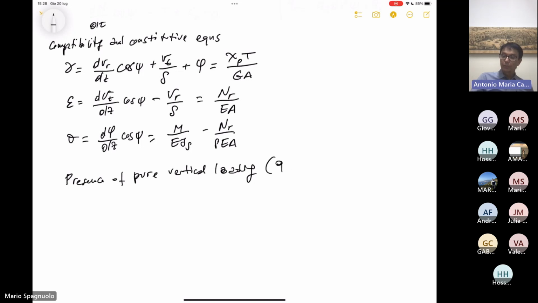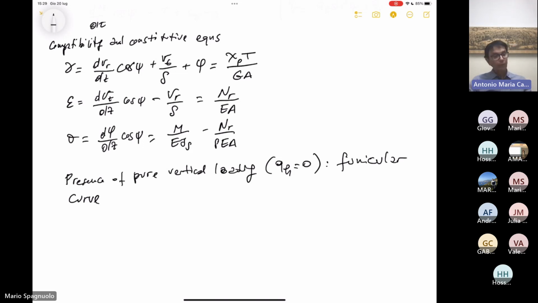So we are assuming QH equal to 0. We can introduce the concept of funicular curve. What we want is an arch that is shaped in such a way that it carries only axial forces and no shear forces and bending moments.